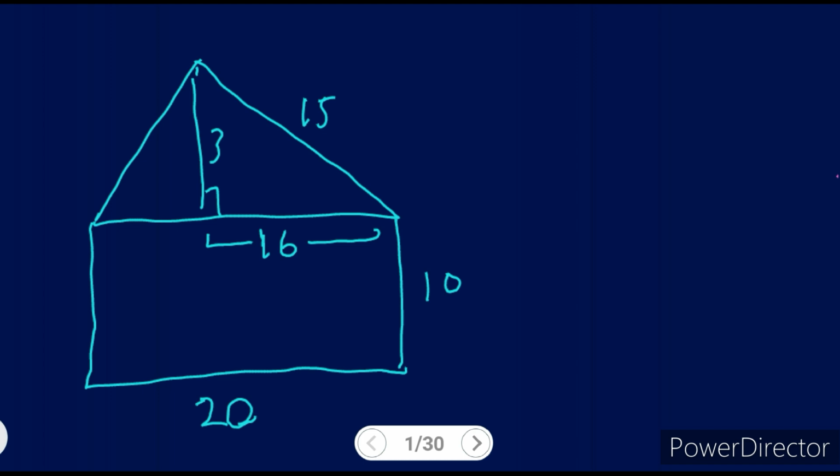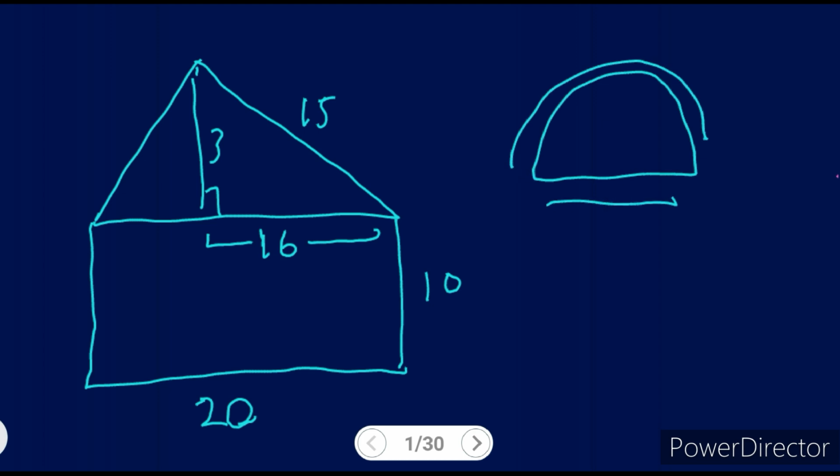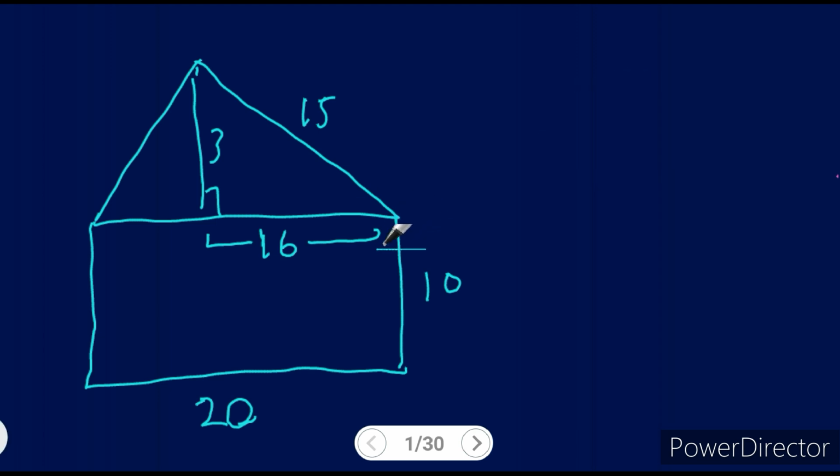Notice I always count the sides because it's helpful. Sometimes if you don't count the sides, a lot of people make mistakes here. If they're asked for the perimeter of a semicircle, they will only add this part and forget this because they did not count. So you have to know how many sides there are.